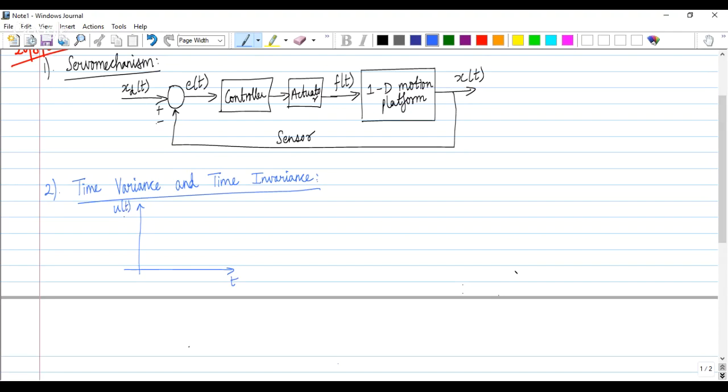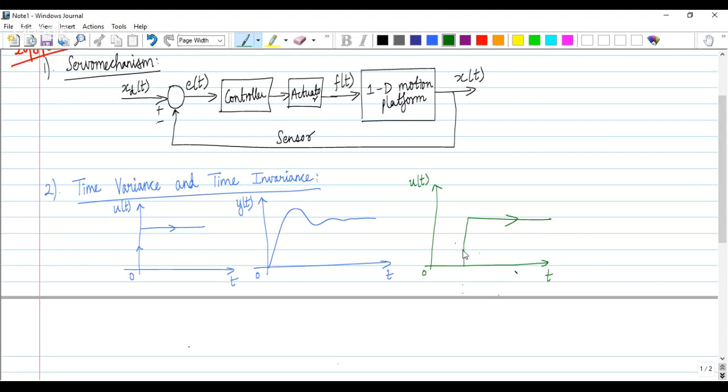Let us say I give, for example, a unit step input at time t equals 0, and as an output, let us say I get a profile which is something like this. Okay, now to the same system, I give an input which is displaced in time. The same input.